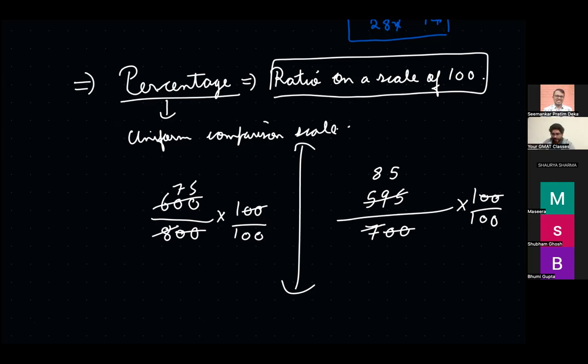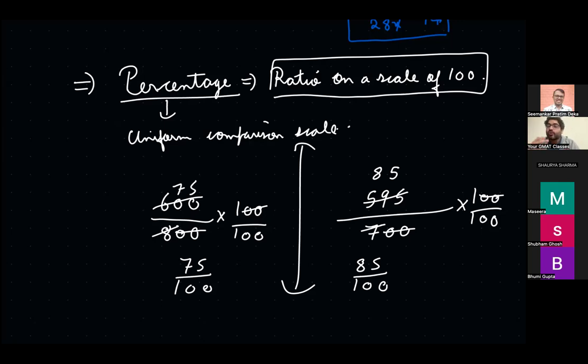So now I have 75 by 100 and 85 by 100. Can you visibly tell who did better now, class? Without doing any calculation, without thinking too much, can you visibly tell who did better here? Yes or no? Yes. That's the whole objective of percentage.